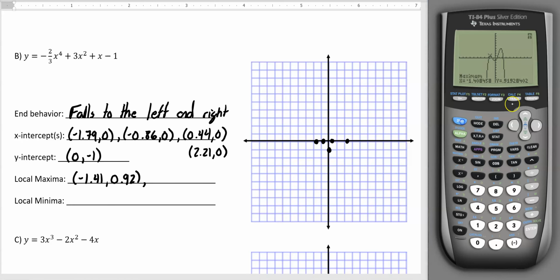And now the second one, our maximum again. Go to the left and then to the right. Press enter. (1.58, 3.91).